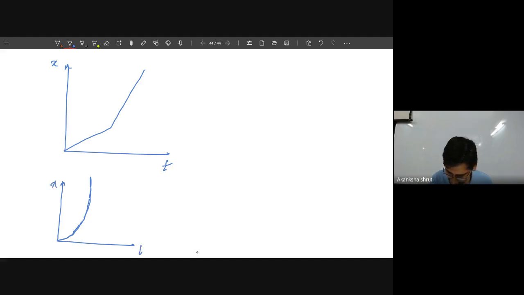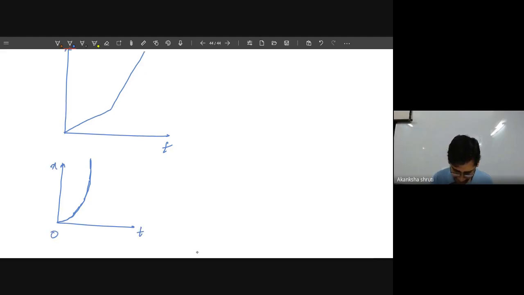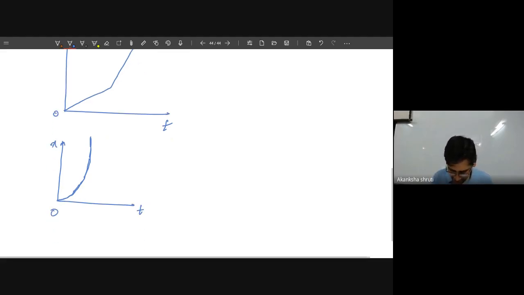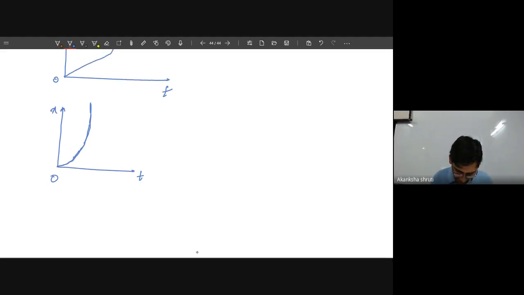So this is our x versus t. This was our origin. So these are for non-uniform. Even it is possible that initially it is like this, then it goes like this in x and t.